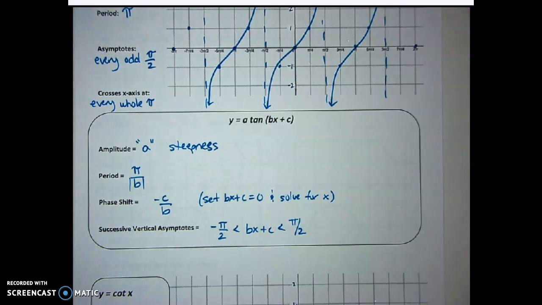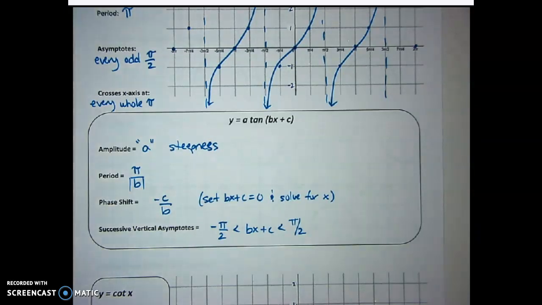Again, you find it by setting bx plus c equal to 0. And then the way you find those successive vertical asymptotes is by putting that same bx plus c as an inequality between negative pi over 2 and pi over 2, and then solving that for x. Just remember that whatever you do in the middle of a compound inequality to get x by itself, you need to do to both ends.